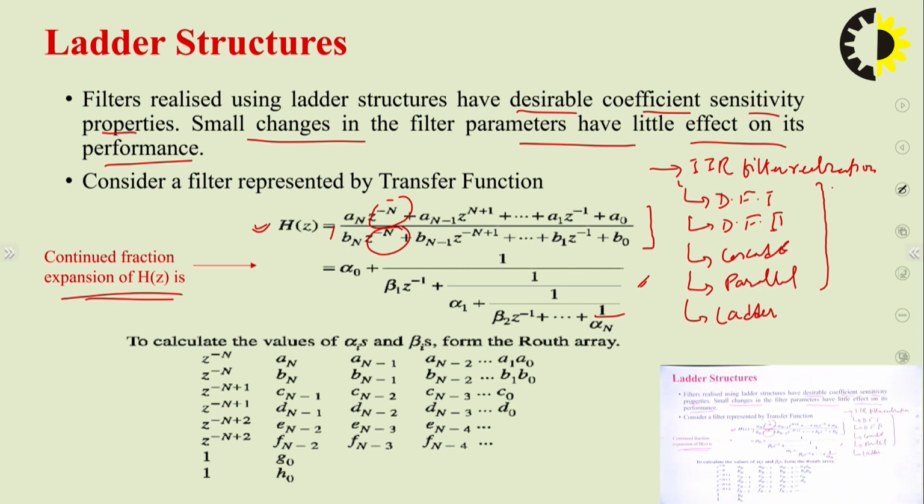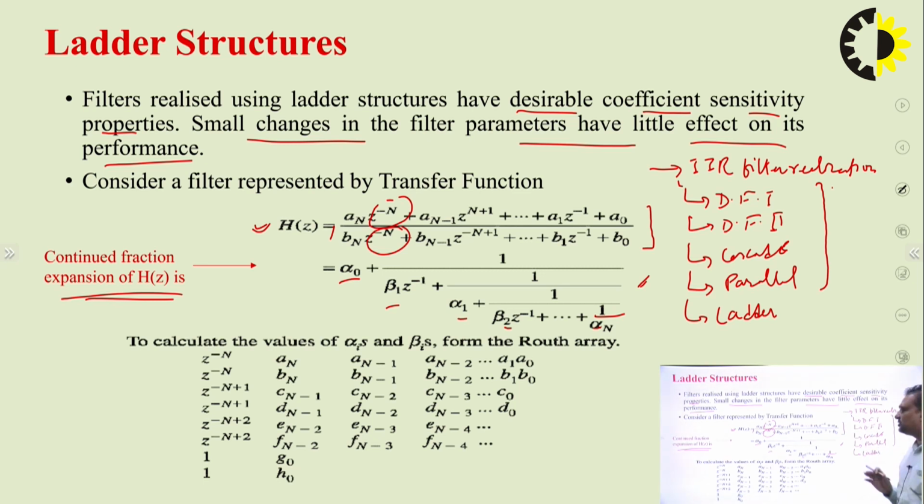These are nothing but the filter parameters. We have to calculate the parameters alpha 0, beta 1, alpha 1, beta 2, alpha n based on the transfer function coefficients a(n-1), ..., a1, a0 and b(n-1), ..., b1, b0.